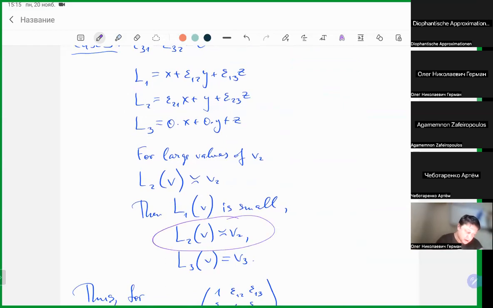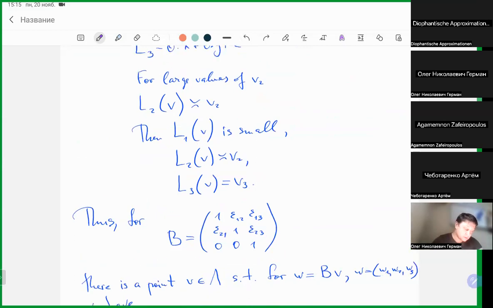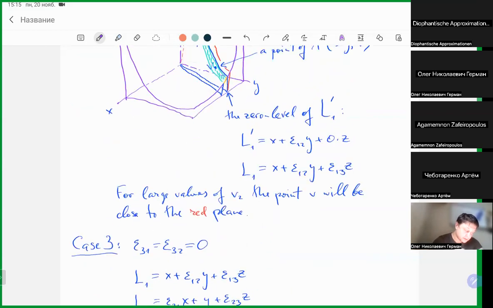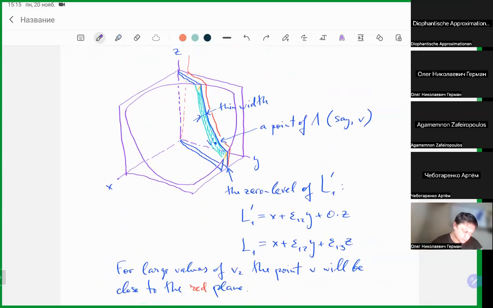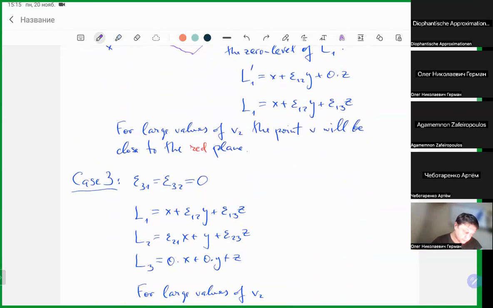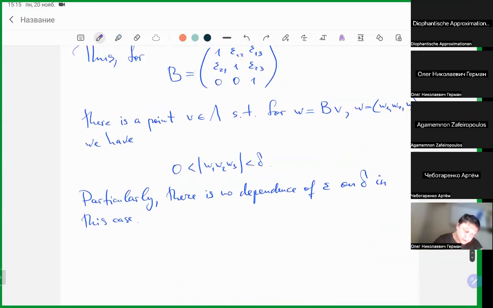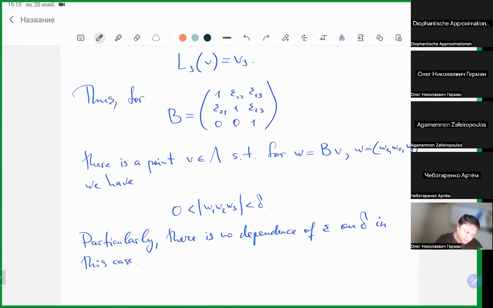So we can say that up to a bounded factor, it will be the same. But as for the third form, it will literally remain the same. So this is an important fact, and we see that we can find points W over here with the product arbitrarily small and positive.